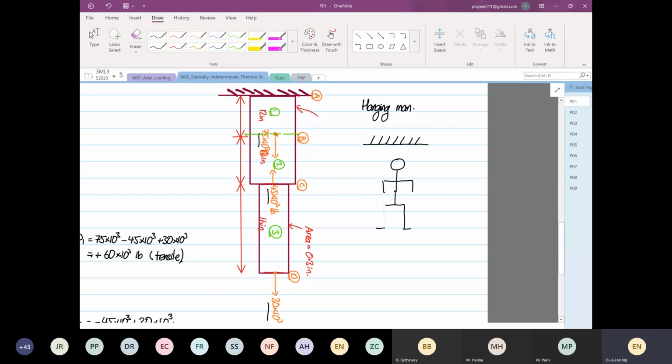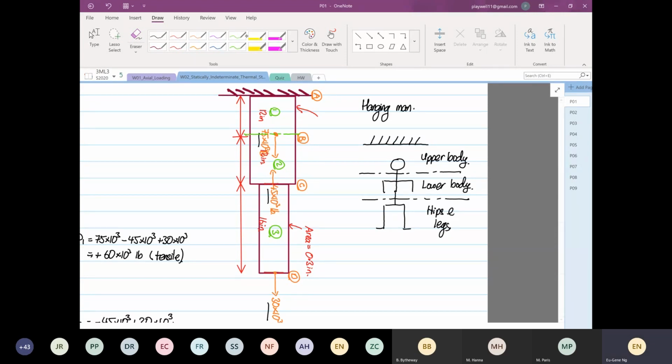Then I'm going to divide this into upper body, and then we're going to divide this into our lower body. Bear with me, okay? And then we are going to have our hips and legs.